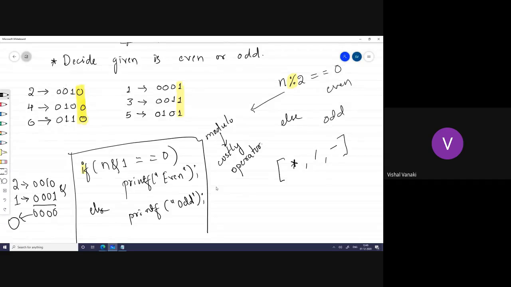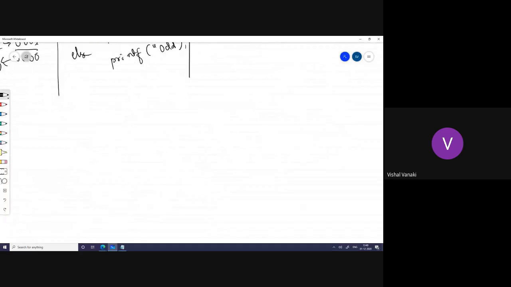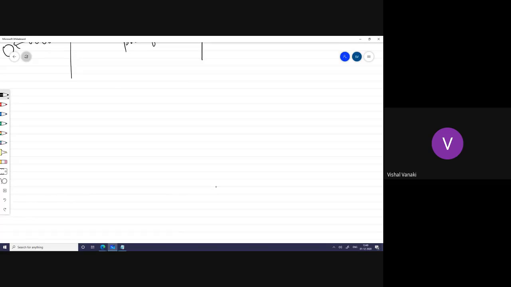Now, let's take one more example. The program is to count set bits in a given number.